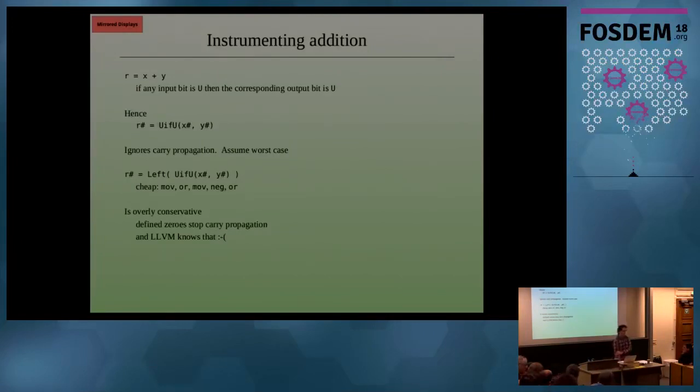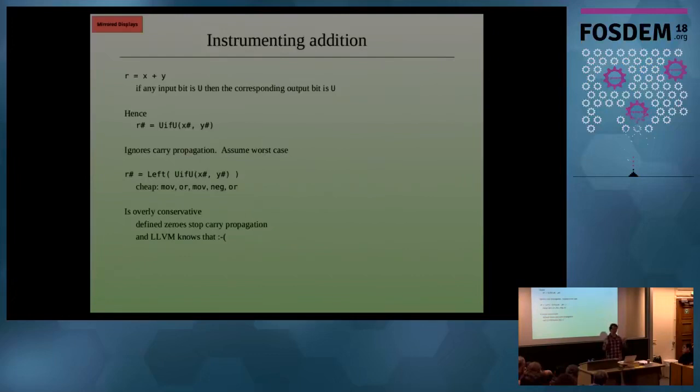But it's excessively conservative, because defined zeros actually stop the propagation. And unfortunately, LLVM has come to know this fact. So what LLVM does, sometimes, when it wants to set a bit in a word, is not do it by ORing, but by addition.